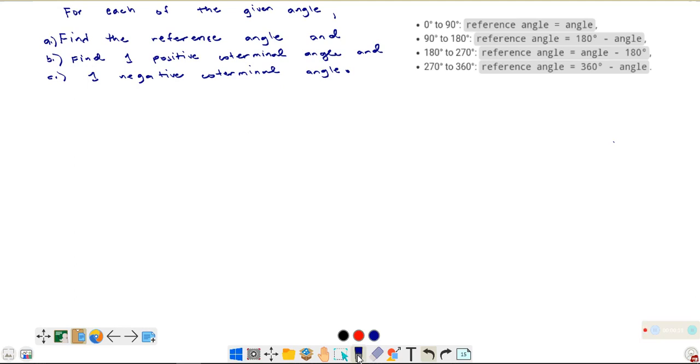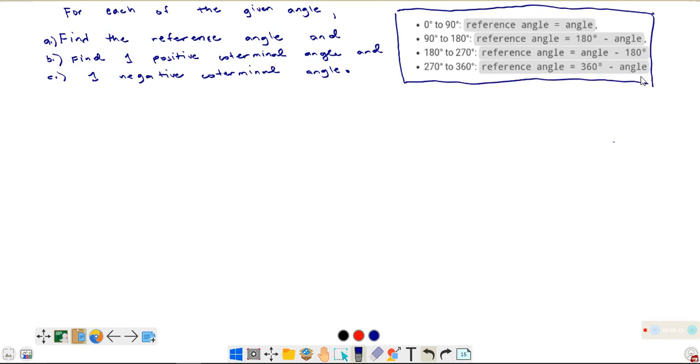So, meron akong nilagay dito na pwede nating gamiting sheet or guide sheet in finding reference angles. So, if your given angle is between 0 to 90 degrees, the reference angle is the angle itself.